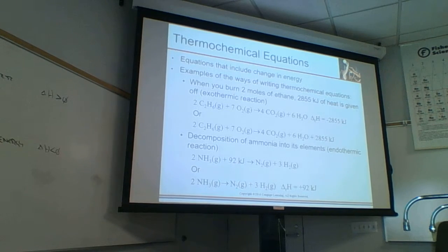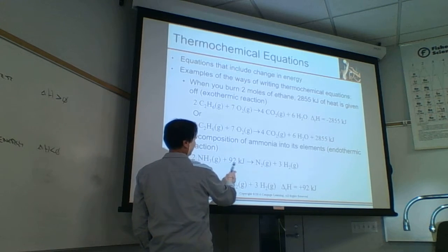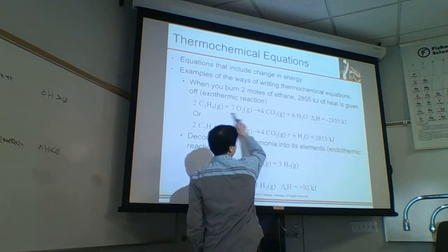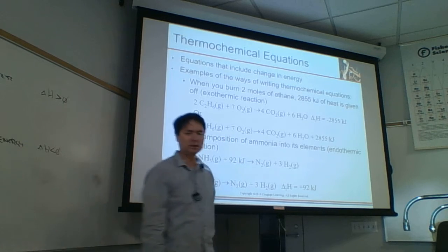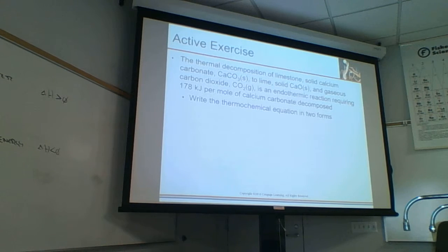We don't typically write reactions like this, or like this. And typically what's written is this reaction with the delta H given. The thermal decomposition of limestone, solid calcium carbonate to lime, solid calcium oxide, gaseous carbon dioxide.